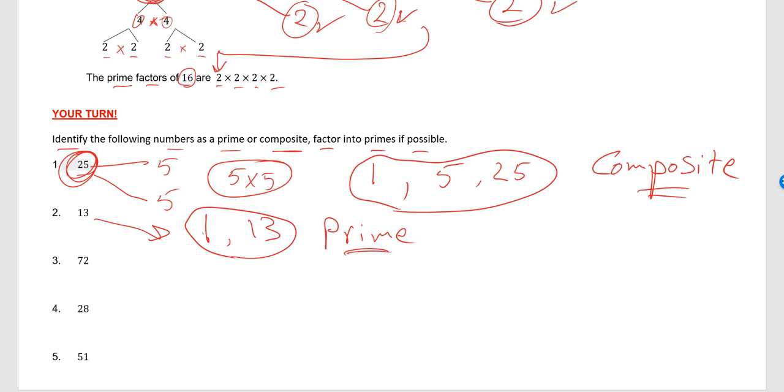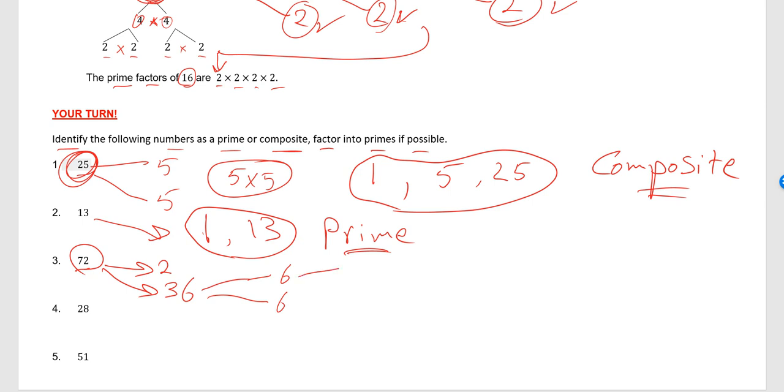Okay, 72. Now, 72 is clearly divisible by 2, because this digit is even. So 72 breaks down to 2 and 36. 36 breaks down further to, for example, 6 and 6.